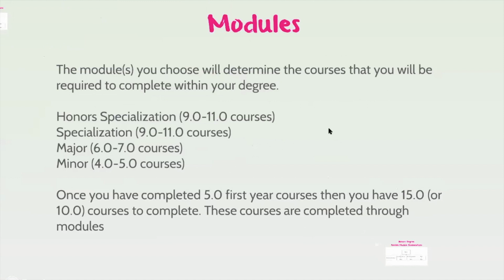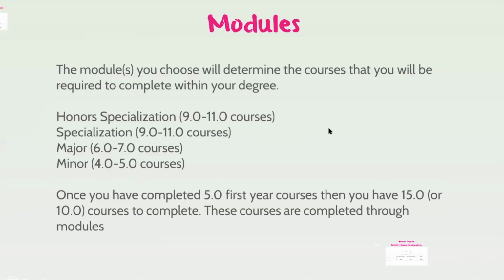You can see that both the honors specialization and specializations have 9 to 11 courses that are required as part of those specific groupings. So some honor specializations might have 9, some might have 11, and you would need to take the courses that are outlined in the academic calendar as part of that module in order to successfully complete that.